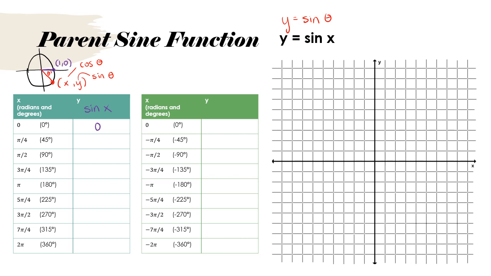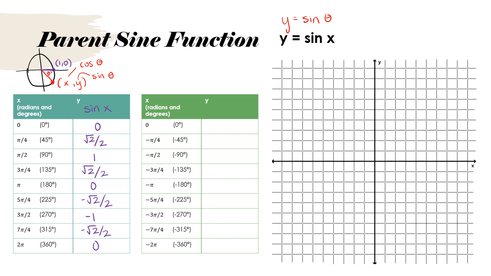So I'm just going to take a moment to fill in the rest here. We'll notice some repeating patterns, or repeating values, that is. Square root of 2 over 2, 1, square root of 2 over 2, 0, negative square root of 2 over 2, negative 1, negative square root of 2 over 2, and 0.